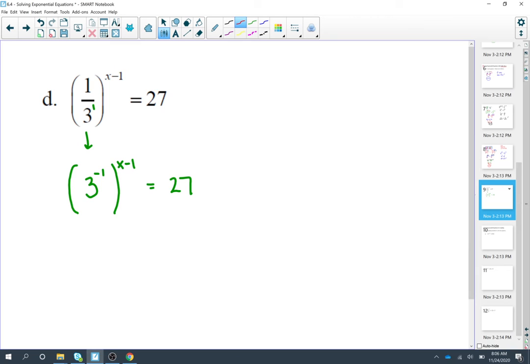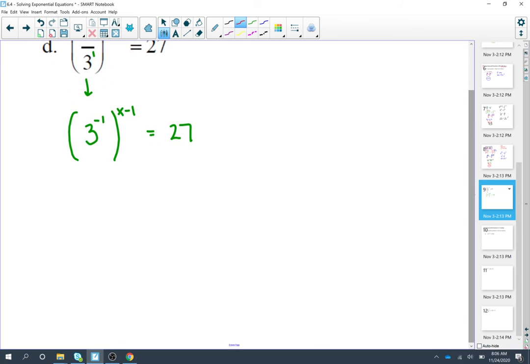Now in the next step, I'm actually going to do 2 things. First thing I'm going to do is take the negative 1 and distribute it. So we're going to have 3 to the power of negative x plus 1. Then I'm going to look at my 27 and go, I don't like that because it's not the same as 3. Can I make a 27 into a 3?